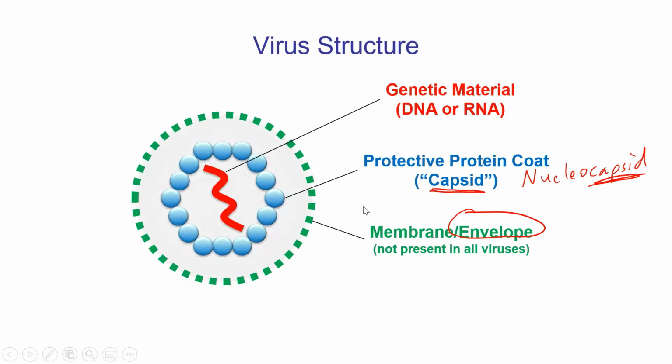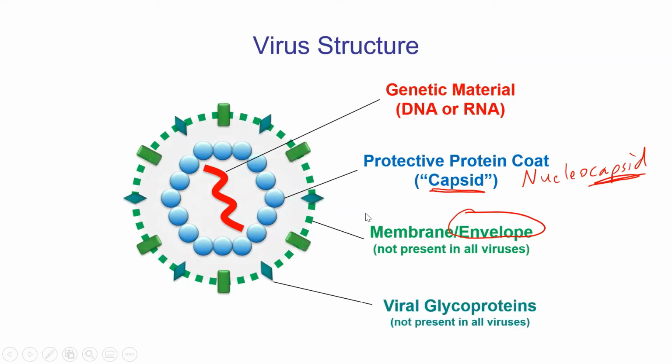It's not like transporting materials or anything like that. Usually a part of that membrane are some virus glycoproteins. And sometimes in the case of this coronavirus, we're also calling these spikes. And sometimes they kind of look spiky, so sometimes they just call them spike proteins. But really they're viral glycoproteins is what they are.